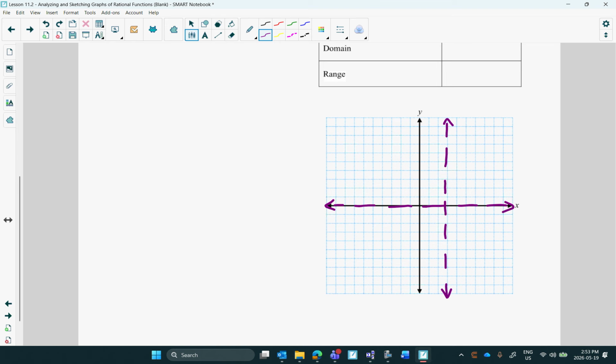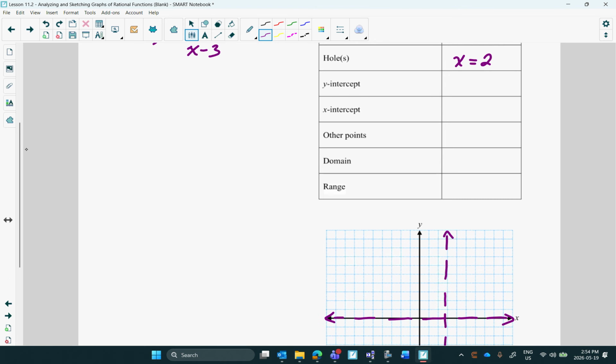I know there's a hole where x is 2, but I don't know where x is 2 right now. So I need some points. And remember, pick points on either side of the vertical asymptote. So for your little table, pick 2 and 4, because those are the numbers on either side of 3.